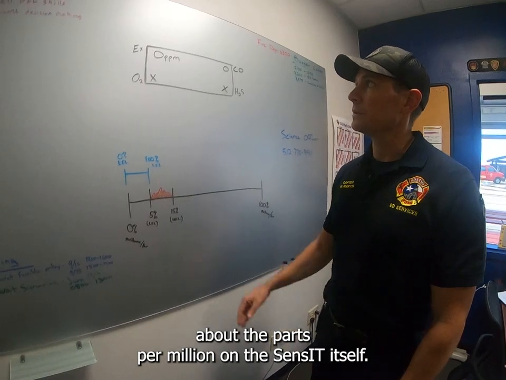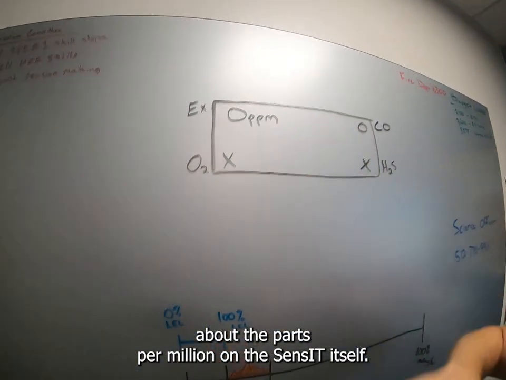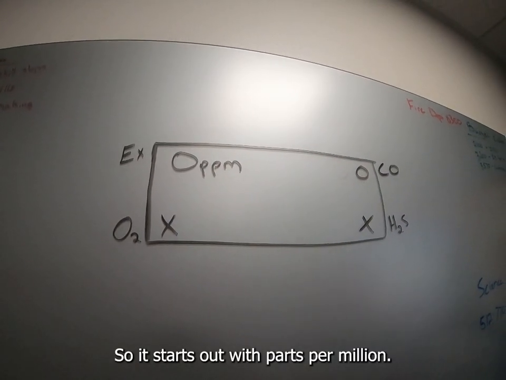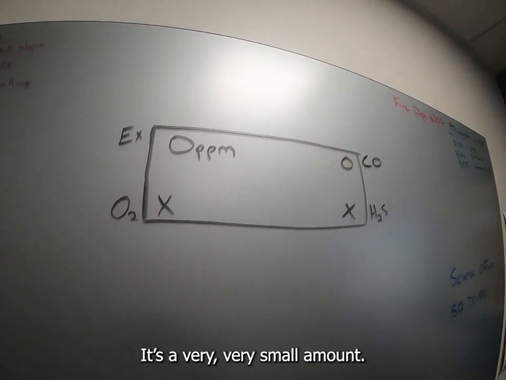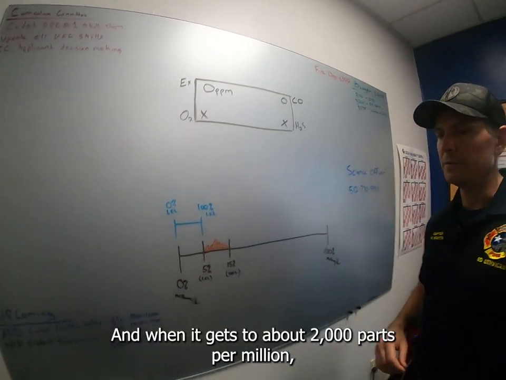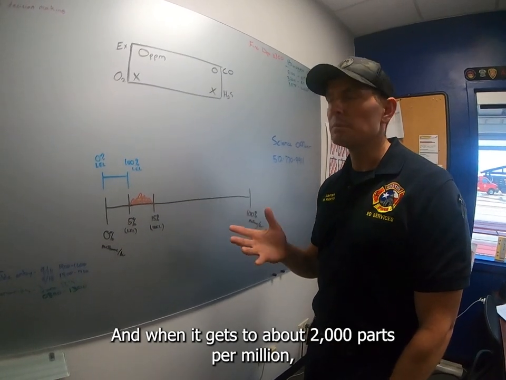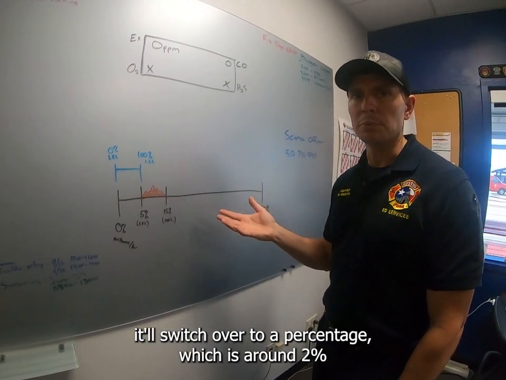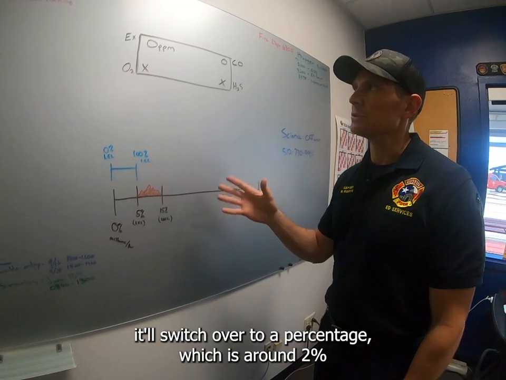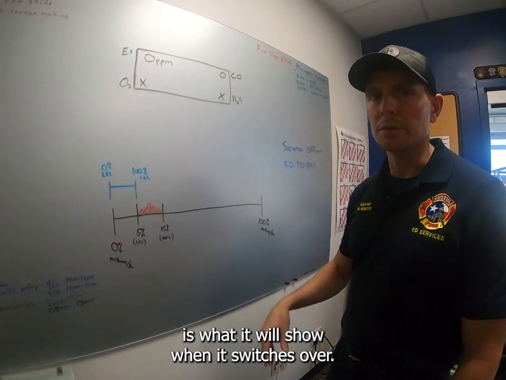Next, we're going to talk about the parts per million on the SensIT itself. So it starts out with parts per million. It's a very, very small amount. And when it gets to about 2,000 parts per million, it'll switch over to a percentage, which is around 2% is what it'll show when it switches over.